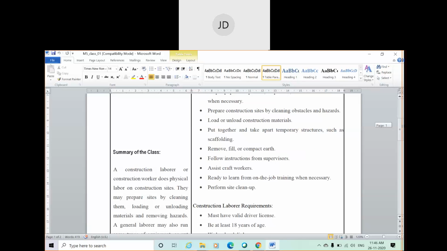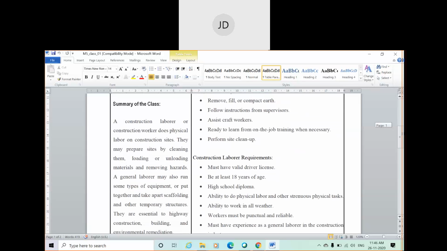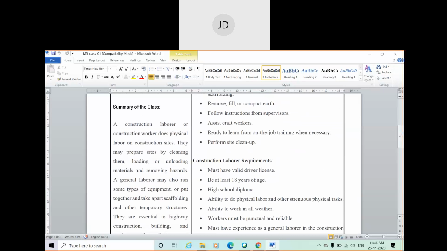the definition of that particular construction labor is what you can see here. A construction labor or a construction worker does physical labor on a construction site. So it's a very general definition. So who does the actual physical work on the site, they are known as construction labor.